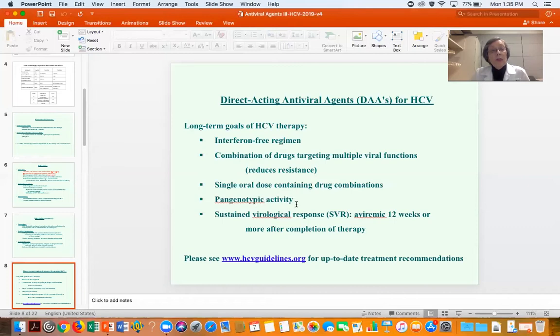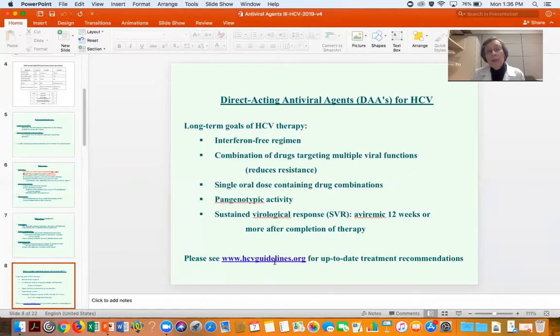Pan-genotypic activity so that we don't have to genotype the virus strain from the patient. And then finally, a sustained virological response. And this is defined by treatment for 12 to 24 weeks, stopping treatment, waiting 12 weeks, and then looking to see if you can detect the virus. If you cannot, then it's considered a sustained virologic response.